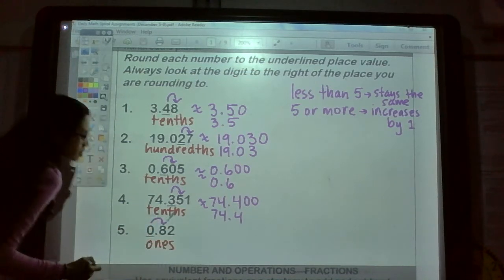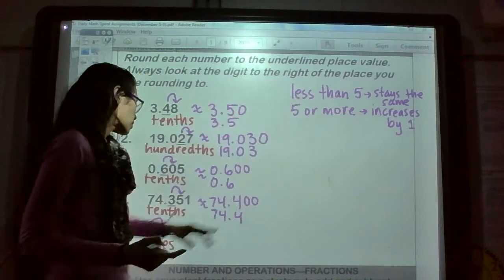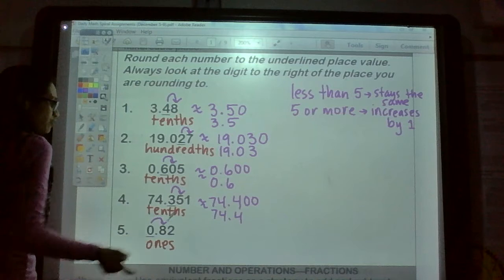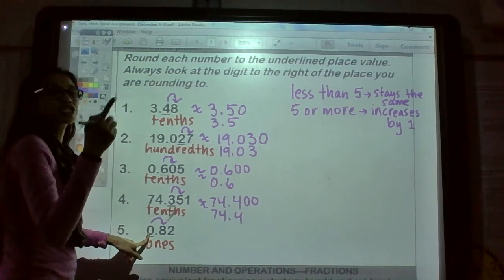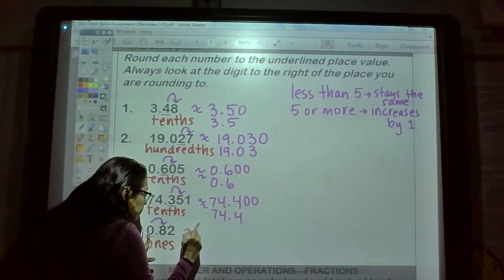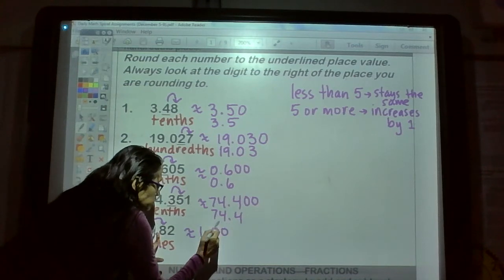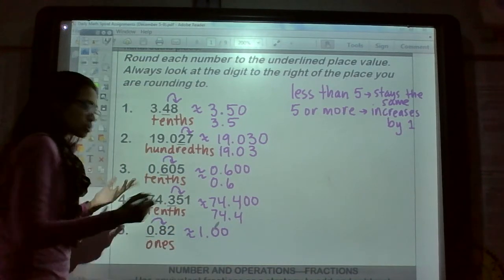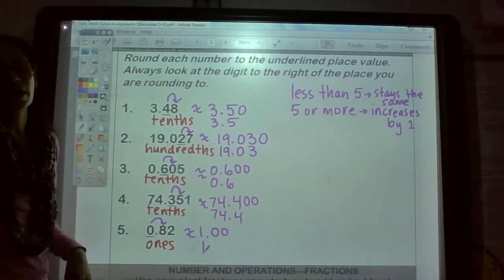Hello, number 8. Is that 8 less than 5 or 5 or more? It is 5 or more. So that makes that 0 increase by 1. So instead of a 0, we have a 1. Don't forget that decimal. Everything becomes zeros. That is the same thing as just 1 whole. So you can write either one.